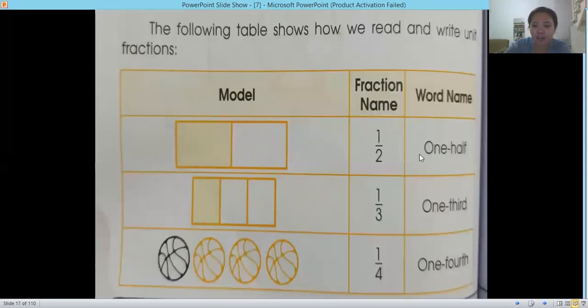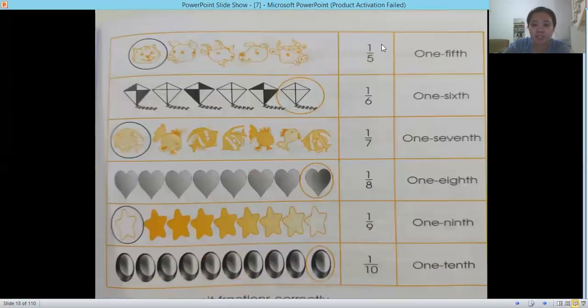Next, reading and writing our unit fraction. So we have here 1/2. This is how to write 1/2, and this is the word name for 1/2. This one is 1/3, word name for 1/3. 1/4, word name for 1/4. 1/5 symbol and the word name. 1/6, 1/7, 1/8, 1/9 symbol and the word name. 1/10 and word name.